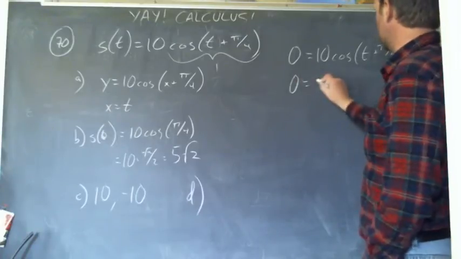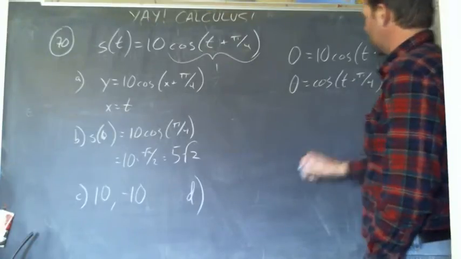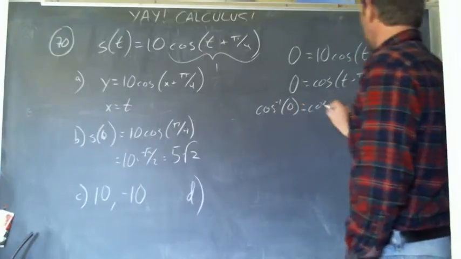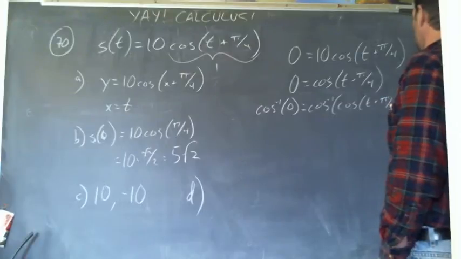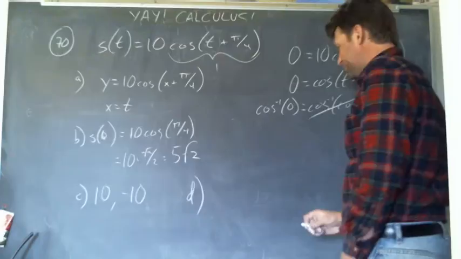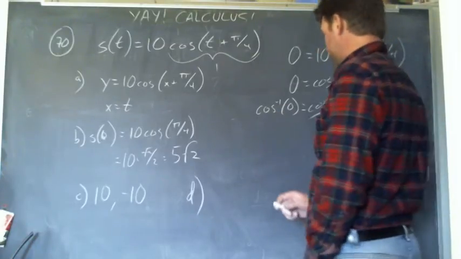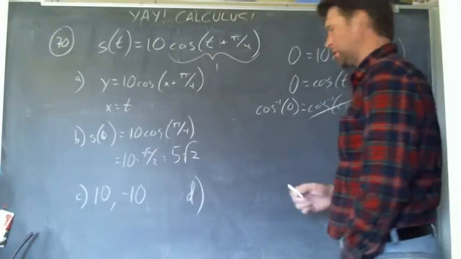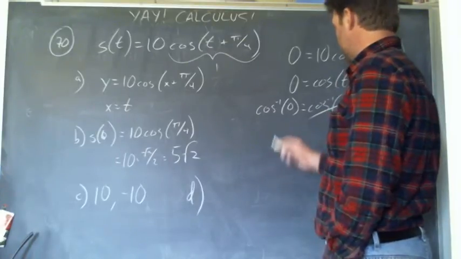Divide both sides by 10, then inverse cosine both sides to cancel the cosines. Inverse cosine of 0. We're not quite sure when this is going to happen specifically, so we're going to give several values to see which one's first. t only being positive, I suppose, but we'll figure that out in a second.